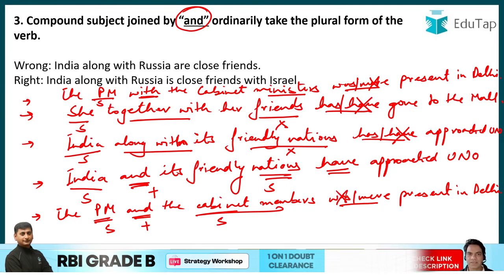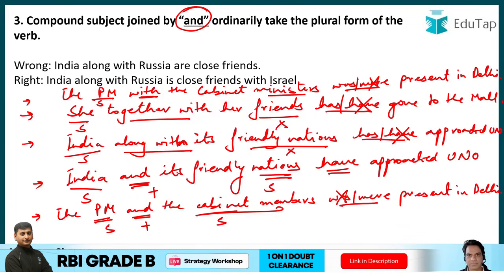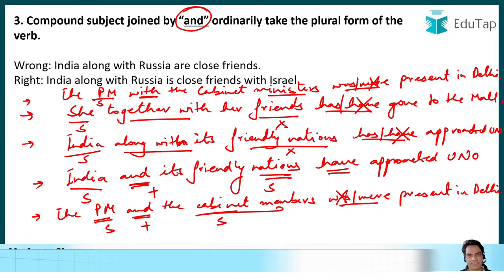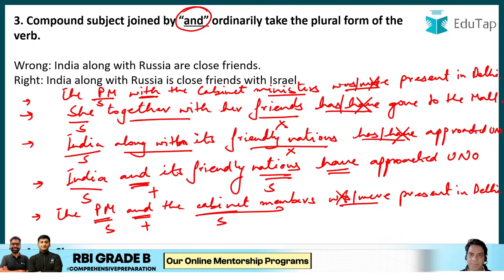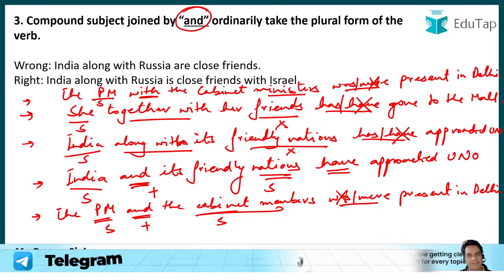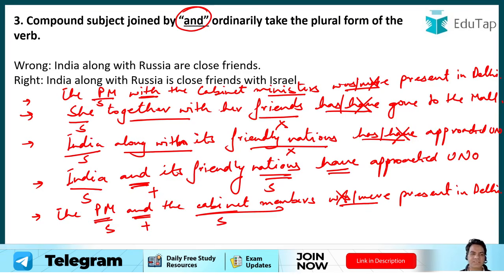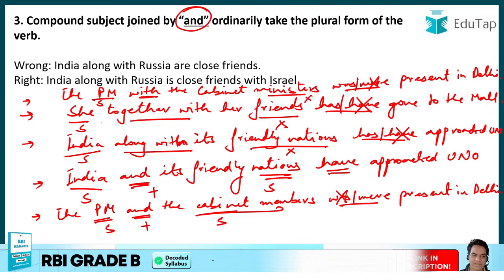So the rule is, if two nouns are joined using "and", they are considered two subjects and they take a plural verb. But if any other conjunction is used except "and", the second noun is not considered the subject. The verb is decided only by looking at the first noun.